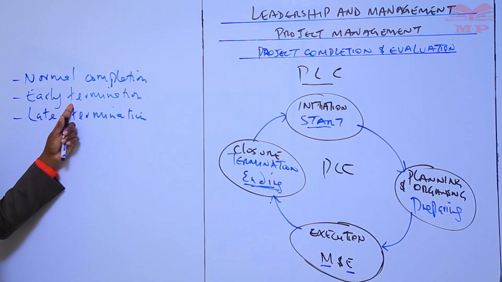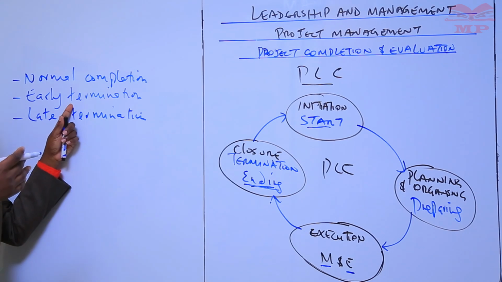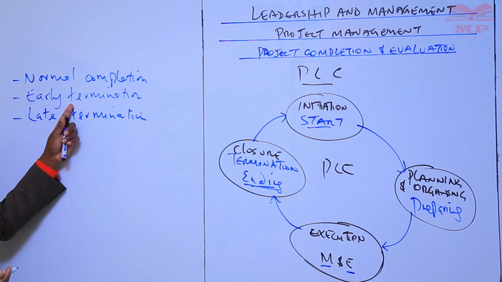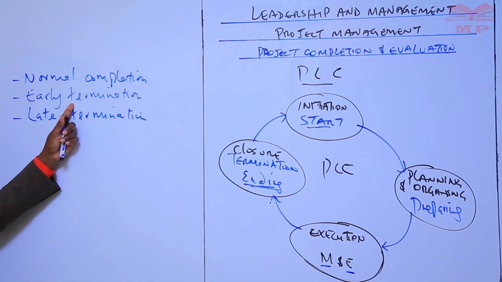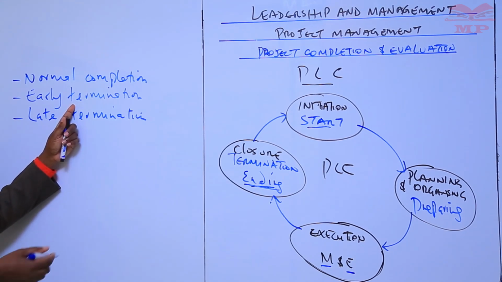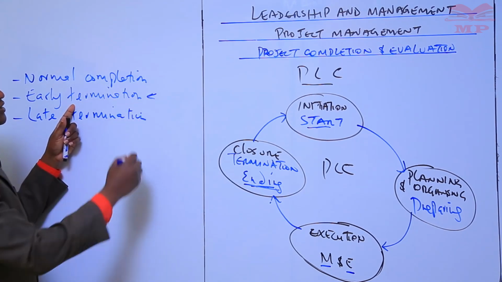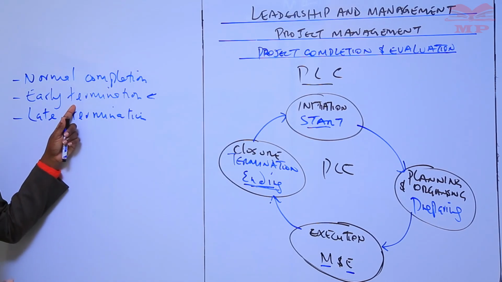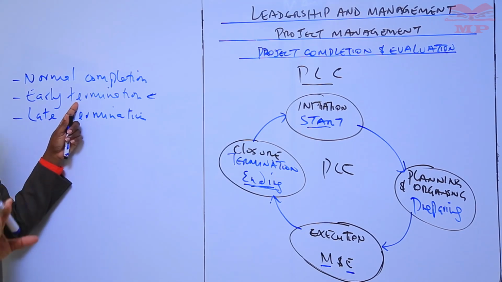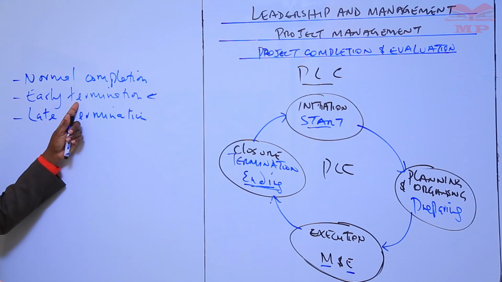They can also be terminated earlier because of unforeseen circumstances and also environmental factors. So a project can be terminated earlier. That could be maybe terminated prematurely, or another proposal has been brought forth, bringing the project to an end so that another project can begin, and so on.